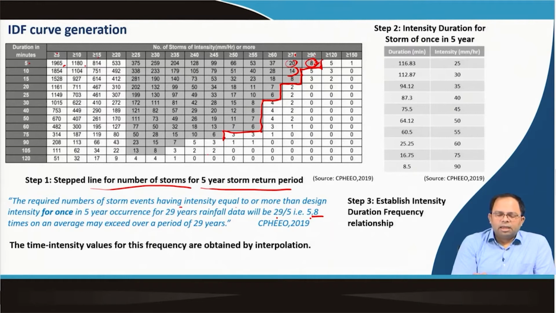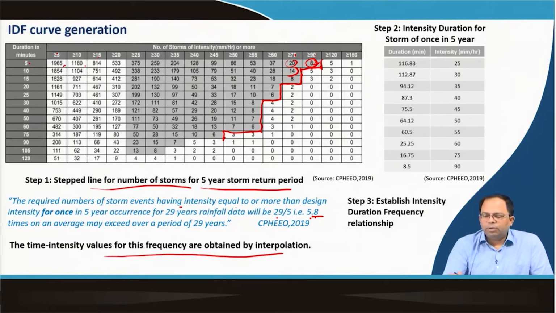Now, even though we are saying 8 times, 14 times over here, actually the value is 5.8. So, we have to do some interpolation. The time intensity values for this frequency are obtained by interpolation, and after interpolation we get this particular table where we have intensity duration for storm once in 5 years.